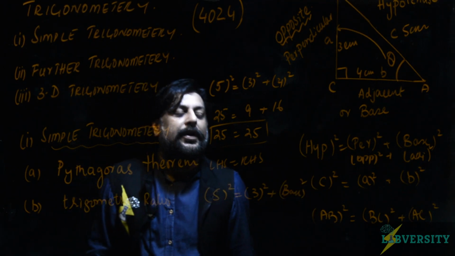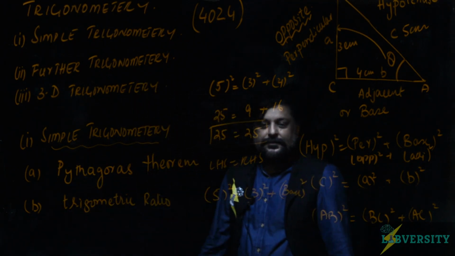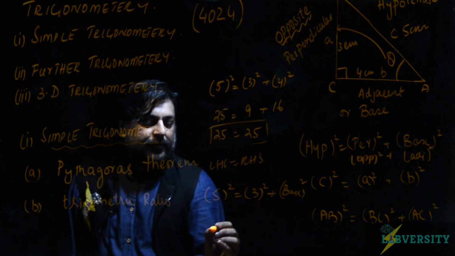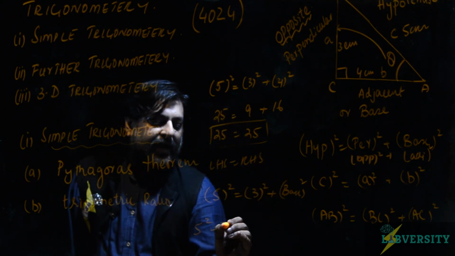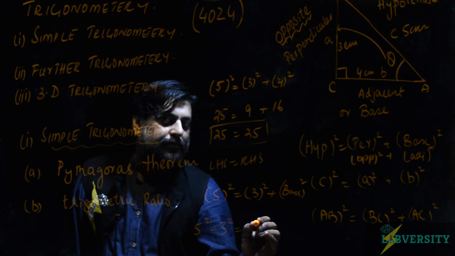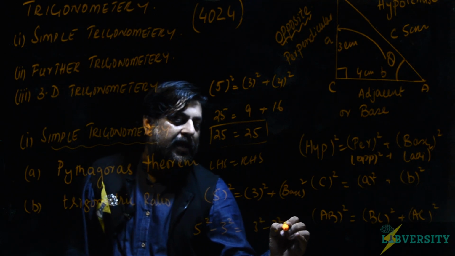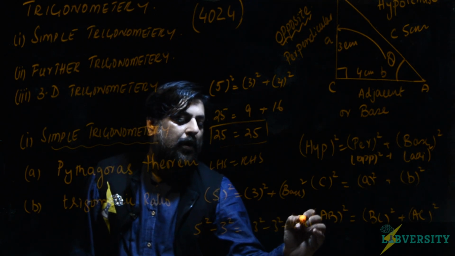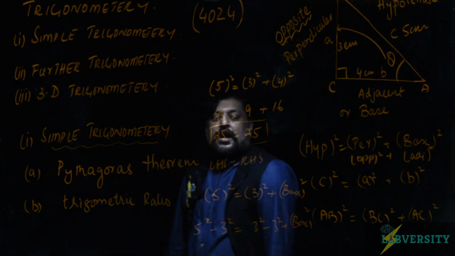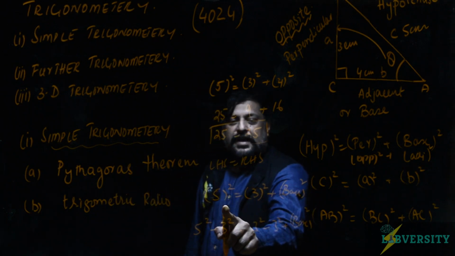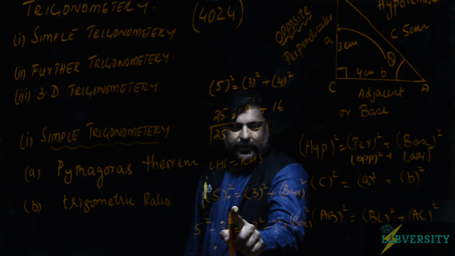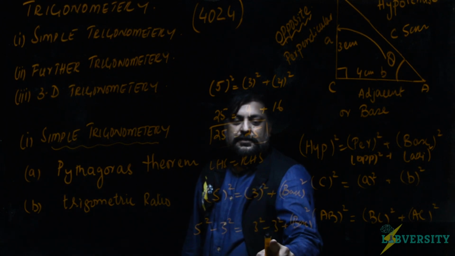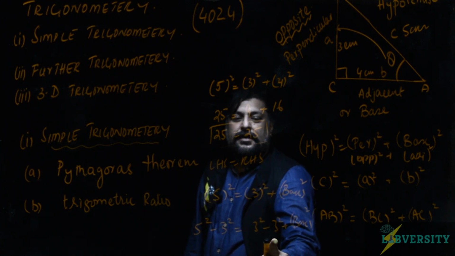Let's assume we don't know what the base is. 5 square minus 3 square is equal to 3 square minus 3 square plus base square. What I did is put minus 3 square on both sides because it is an equation.